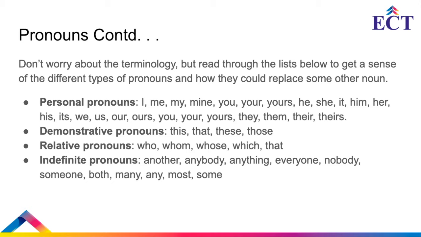And then indefinite pronouns: another, anybody, anything, everyone, nobody, someone, both, many, any, most, some. These are not definite; they do not specify a definite noun. This is an example of indefinite pronouns, right? Yes, it is also a pronoun.